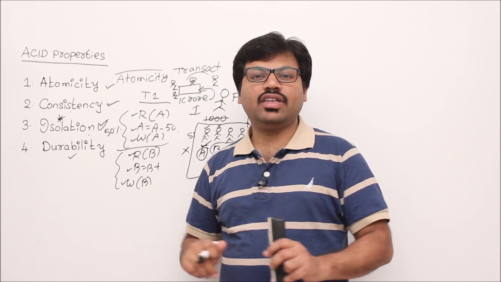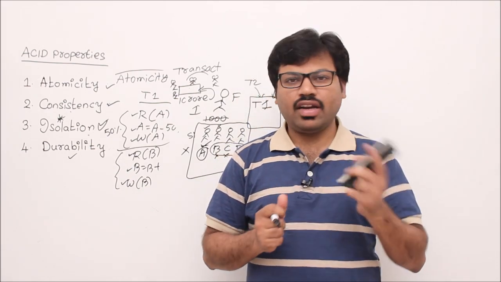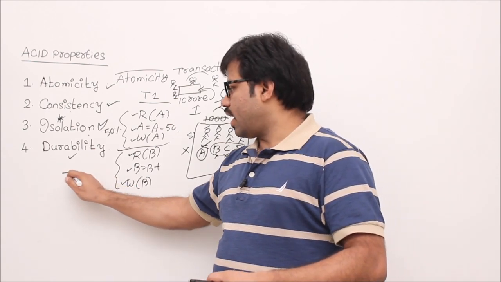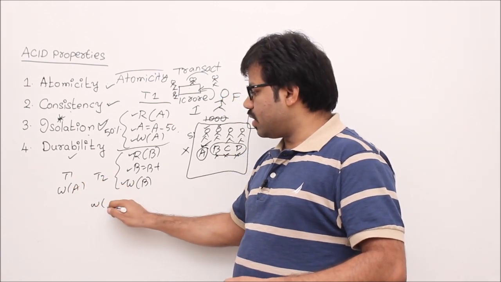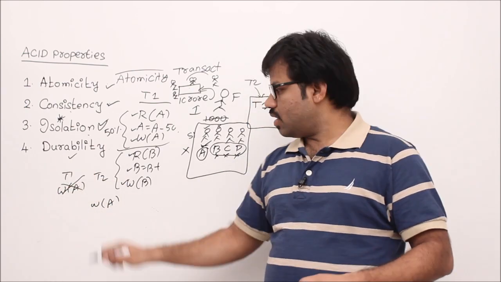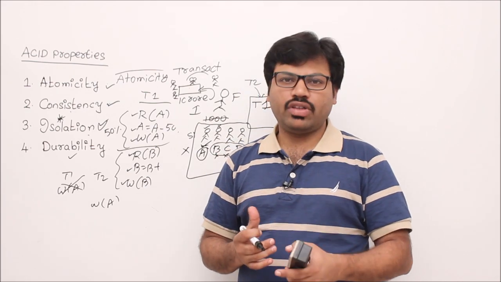Theoretically, durability means maintaining the data, the updates, forever, unless others modify it. For example, there are two writers: transaction T1 is writing database item A, transaction T2 is writing database item A. Obviously, T1's write will be cancelled because of T2. That is perfect. I don't have any problem with that.